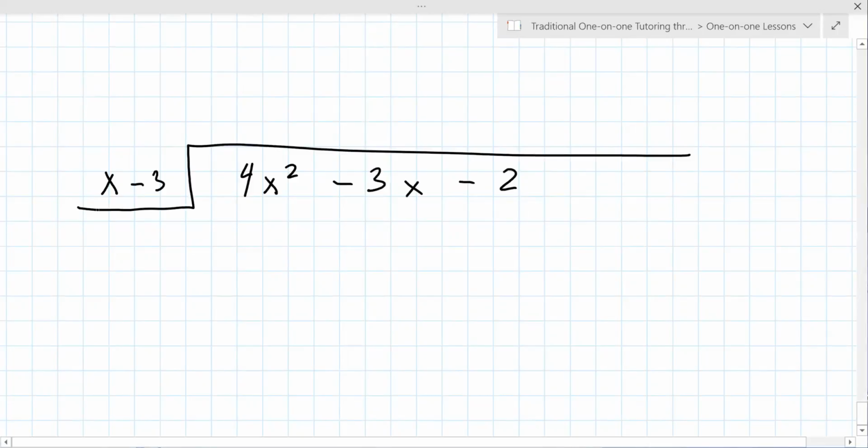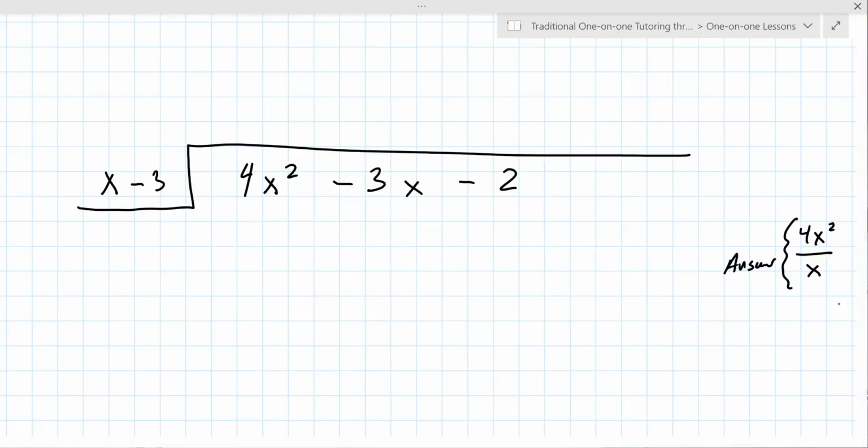What do you multiply x by to get 4x squared? 4x. Now the answer, you're correct. The answer is 4x squared divided by x, whatever that becomes, which is still 4x. So it is 4x, and that goes here.